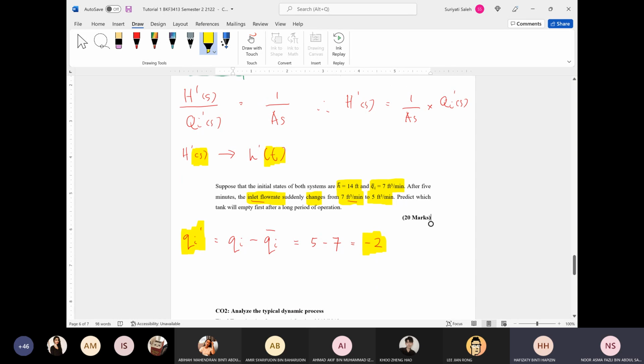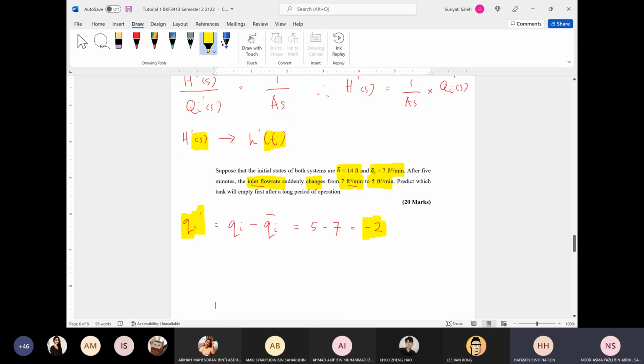So based on this, if we try to sketch your input, it is like this. So this is your QI versus time. Initially the value of your inlet flow rate is at 7.